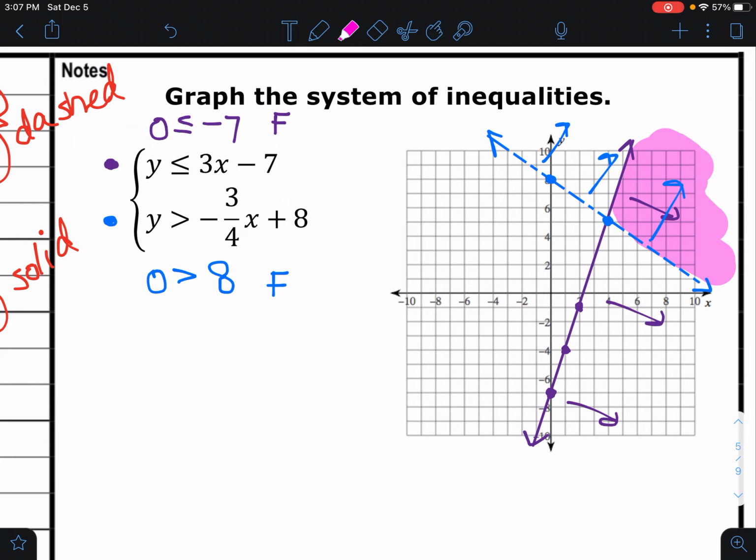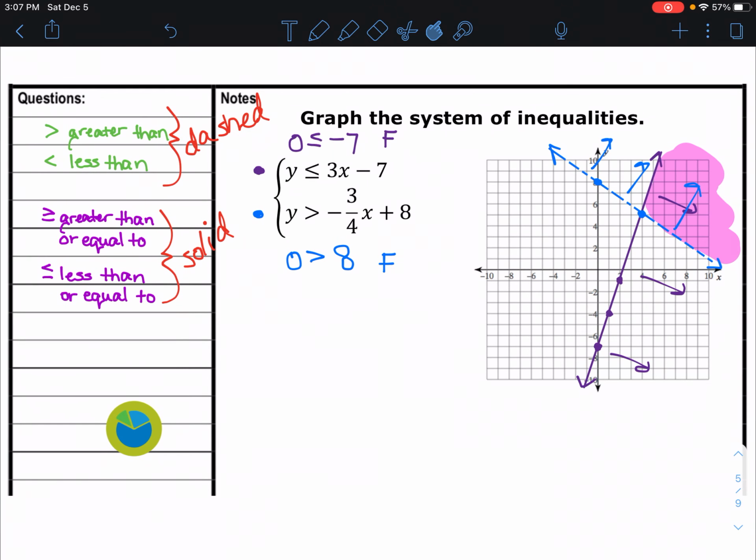Okay, so this is the shaded region. Any point in that region is a solution to this system. Like the point (8, 8) would be in that solution, that pink region.